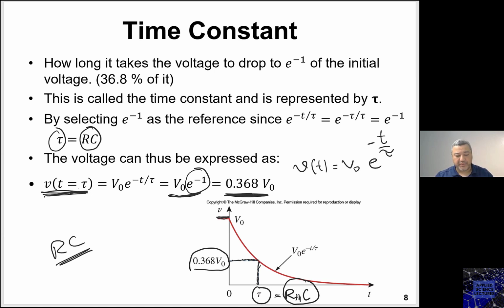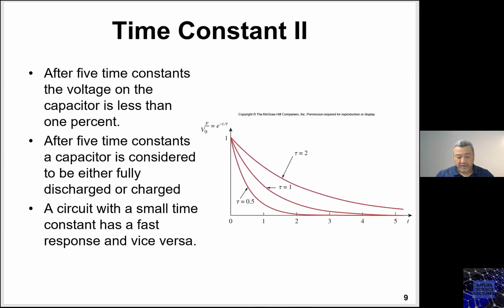Any questions so far? So the value of the time constant changes based, as we have seen, on R and C. If you have a small resistance, you have a small tau.